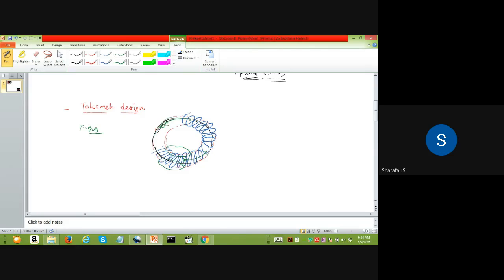Together, this magnetic field and the one from this current-carrying line, both of them will contribute some kind of spinning action like this for those electrons, so that the electrons will not touch the walls.